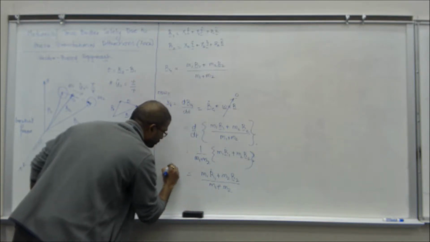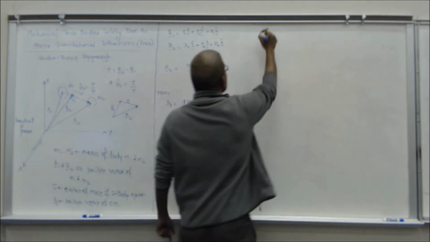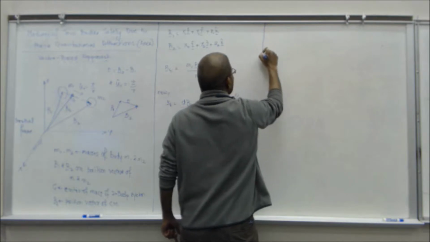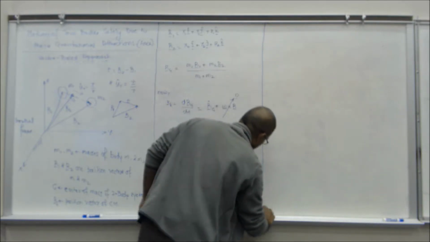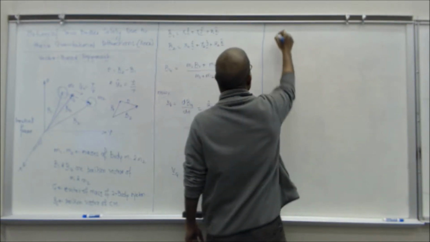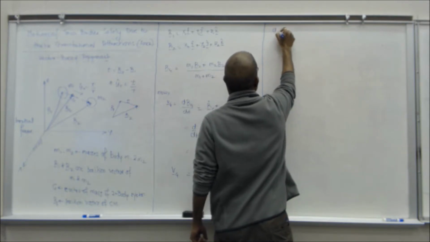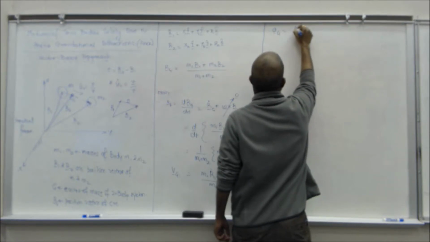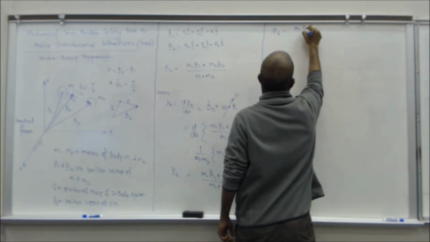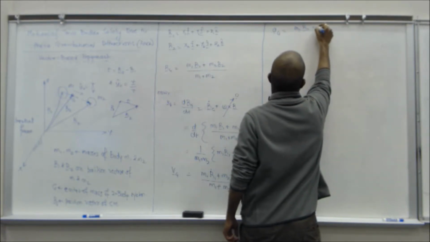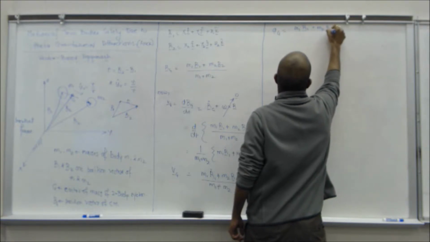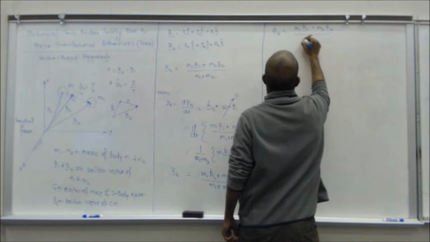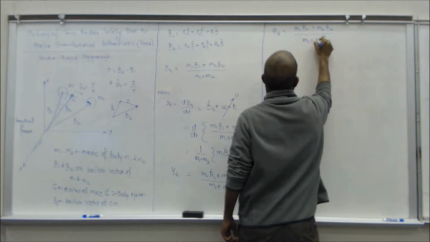This is Vg. Now Vg dot is similarly m1 r1 double dot plus m2 r2 double dot over m1 plus m2.